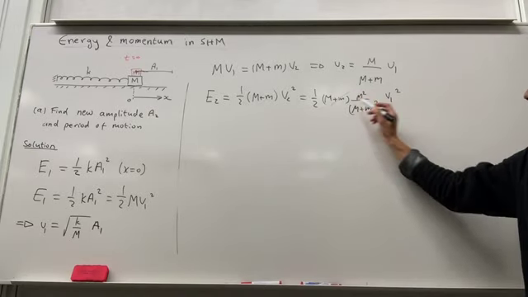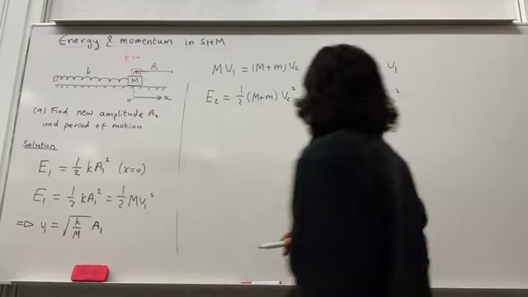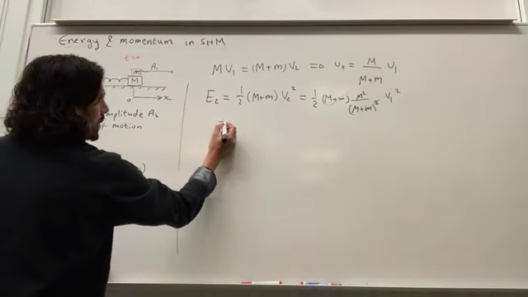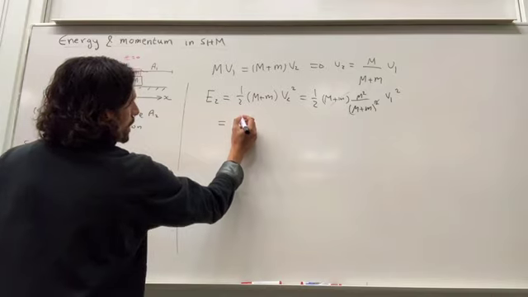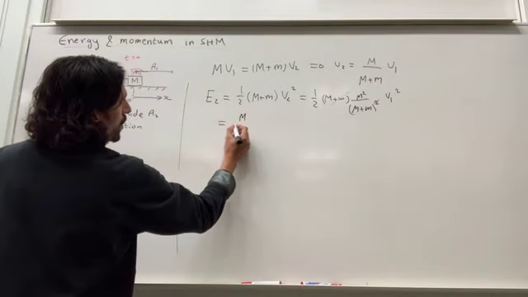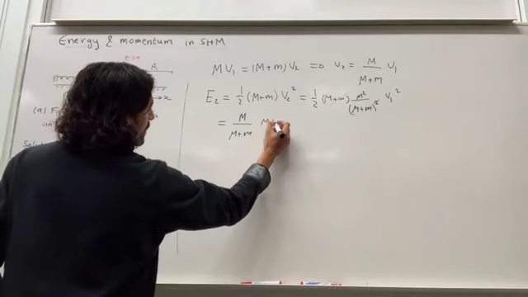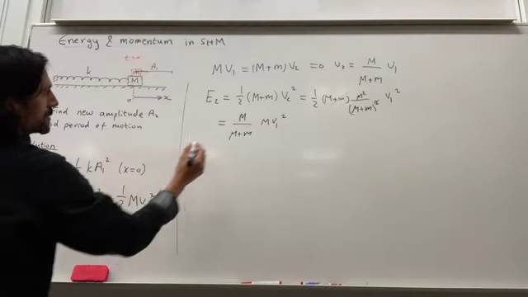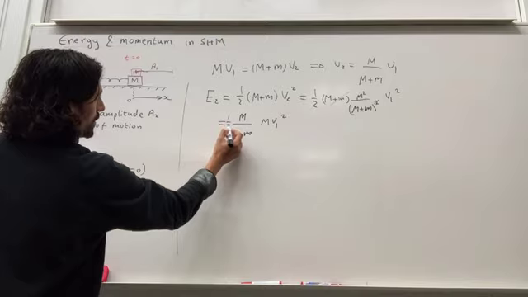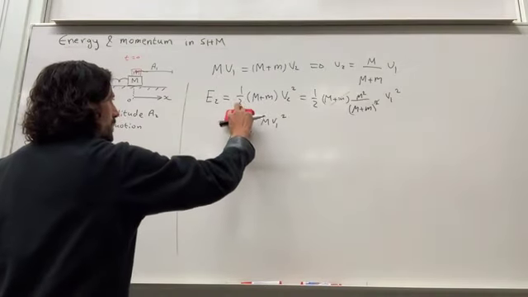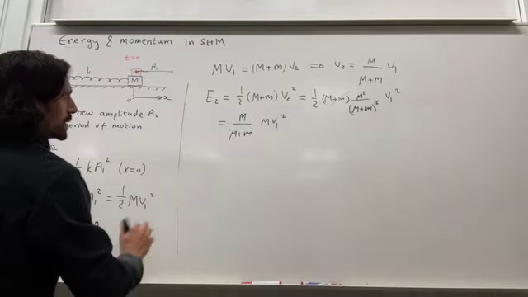So we lose this and this. So finally we find that it's M over M plus m times M v1 squared, with the factor half here, which I want to put on the other side there.